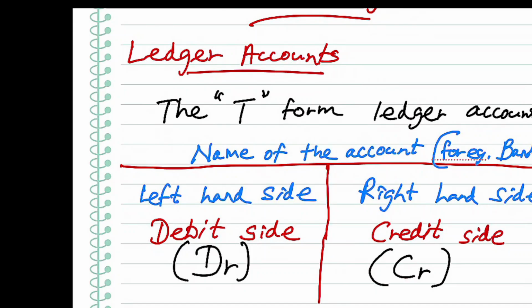So then, one line space, and the next topic is general ledger.